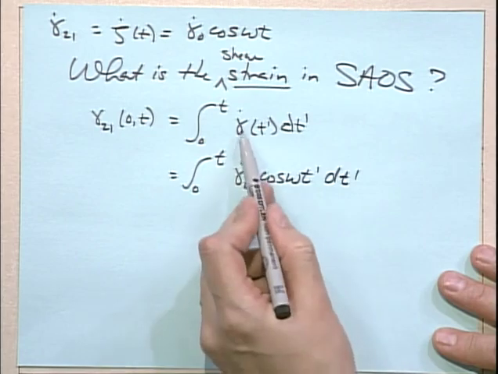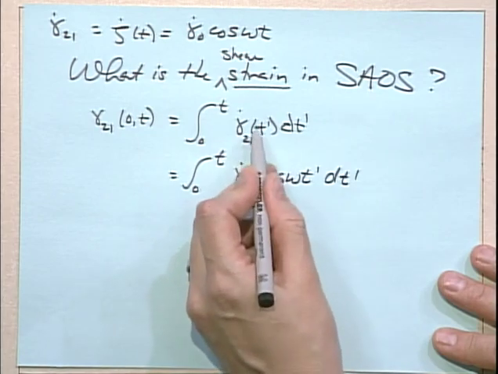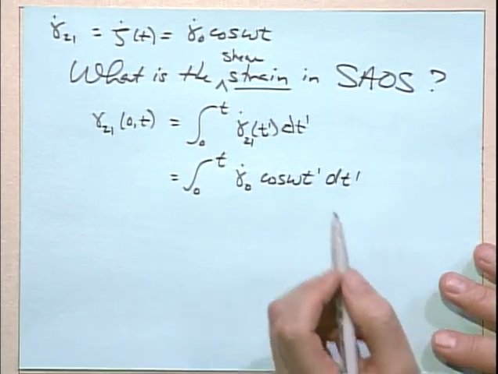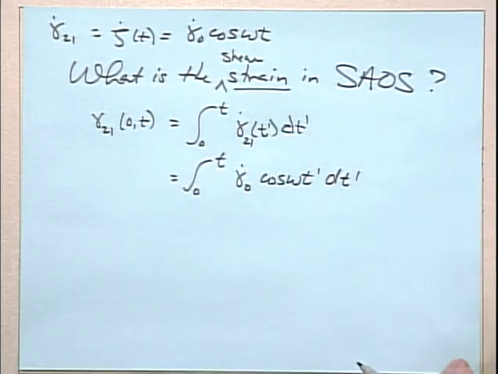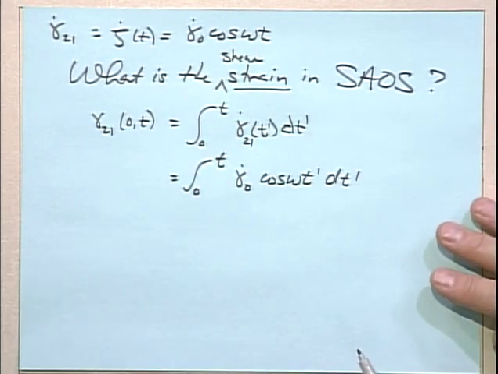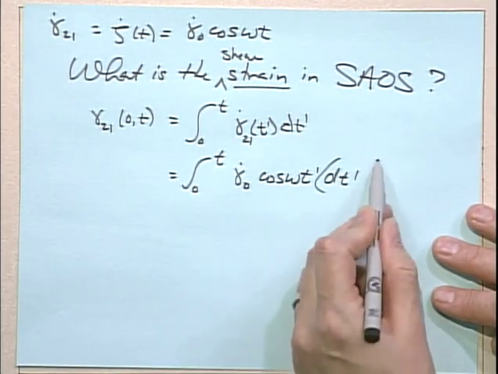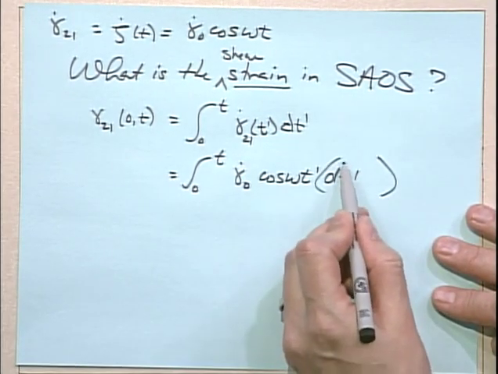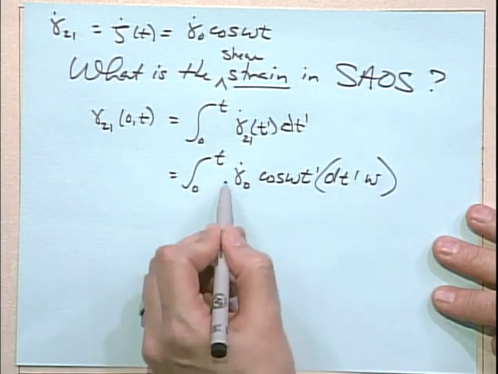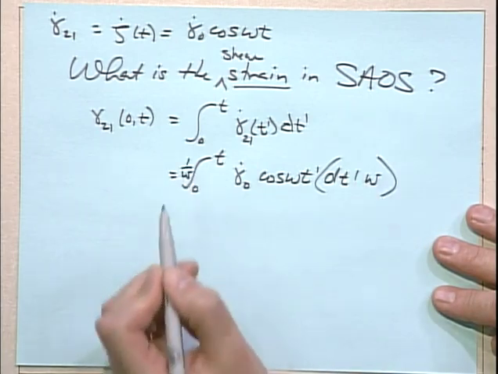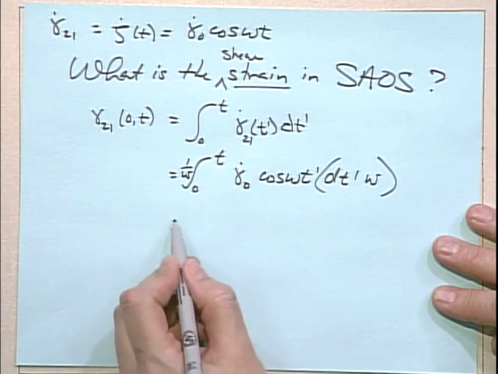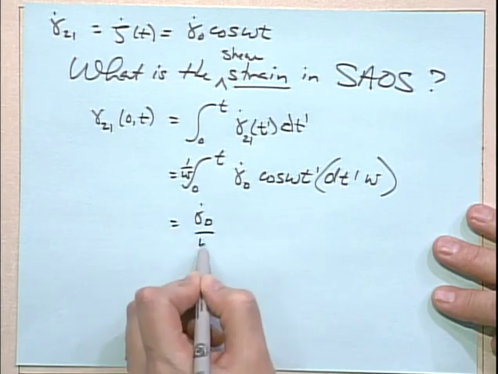So this is gamma dot 2,1 of the function t prime. So I substitute t prime in there for t. Now I integrate this. I have to multiply this by omega, which means I take a 1 over omega out. And so I've got gamma dot naught over omega.